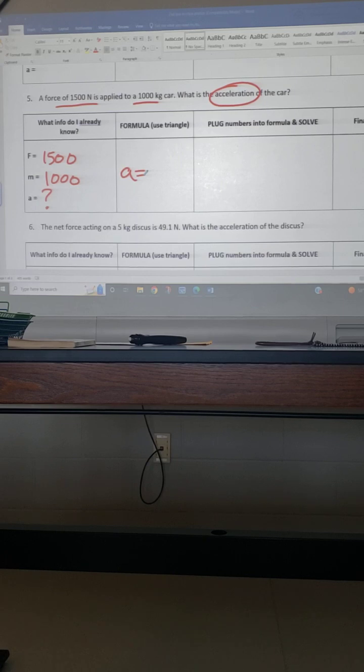So let me do a quick triangle here, since mine's off the screen. So we're gonna have F, M, A, and this is divide, this is multiply. So setting it up for acceleration, I cover up acceleration. What am I gonna rearrange this to? Acceleration equals what?